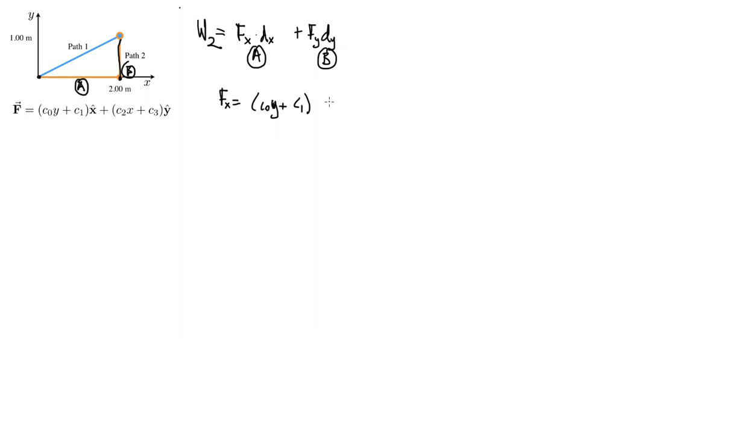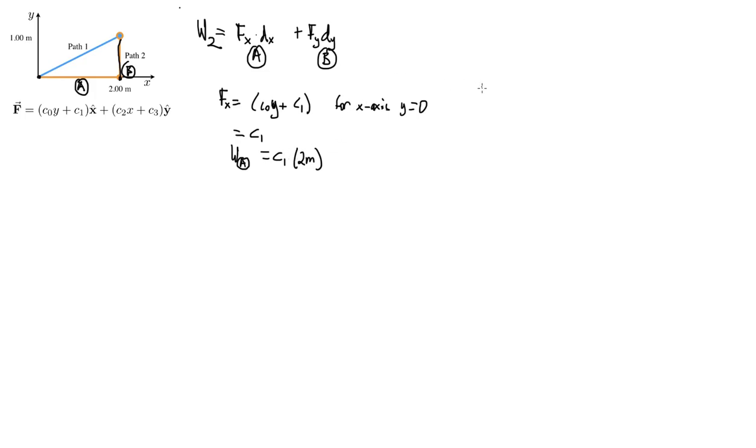And for the x-axis, y equals 0. Therefore, this is equal to C1. And therefore, the work along this path A is just C1 times 2 meters. Right? 2 meters, constant force, awesome.